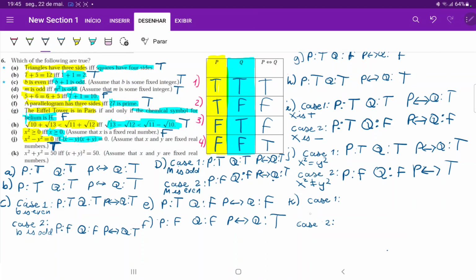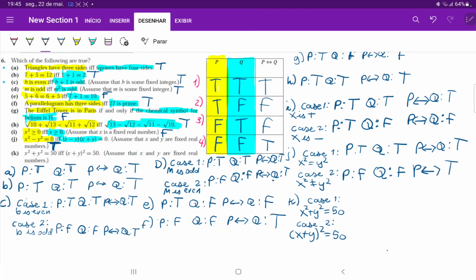So case 1, x squared plus y squared is equal to 50. And then case 2, where x plus y squared is equal to 50. Now, these are different things. They're not the same things.